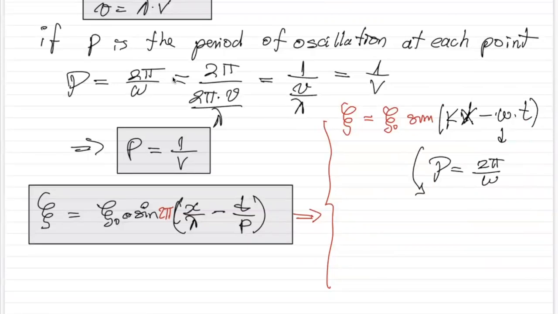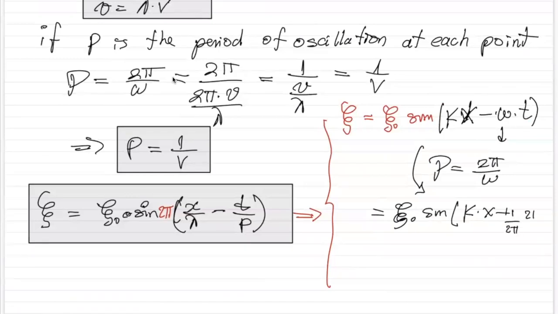That means if we multiply by 1, this is 2 pi over 2 pi, and this is the period.